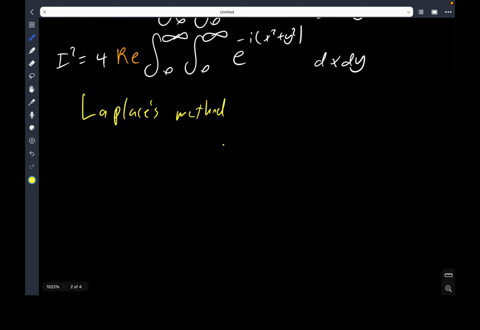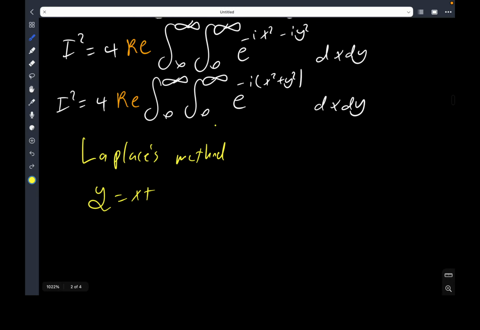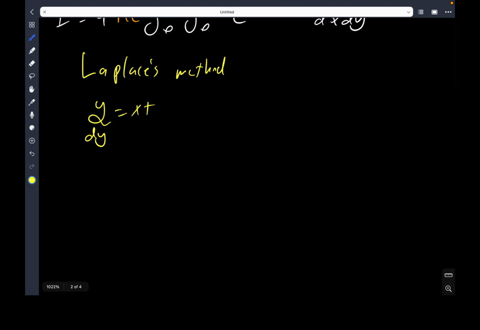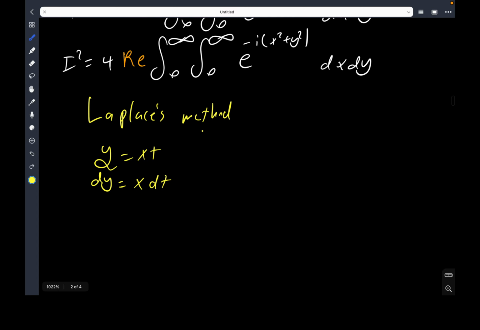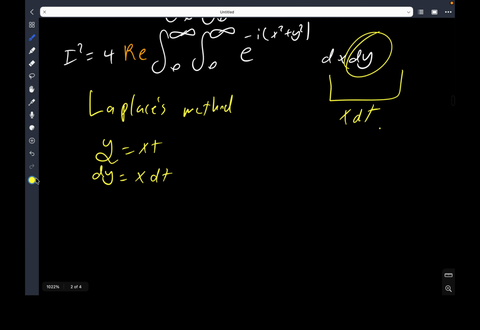I'm going to let y be equal to xt, some arbitrary parameter, and my dy would be x dt if I differentiate with respect to t. Now my dy is here, and I can replace it with x dt.